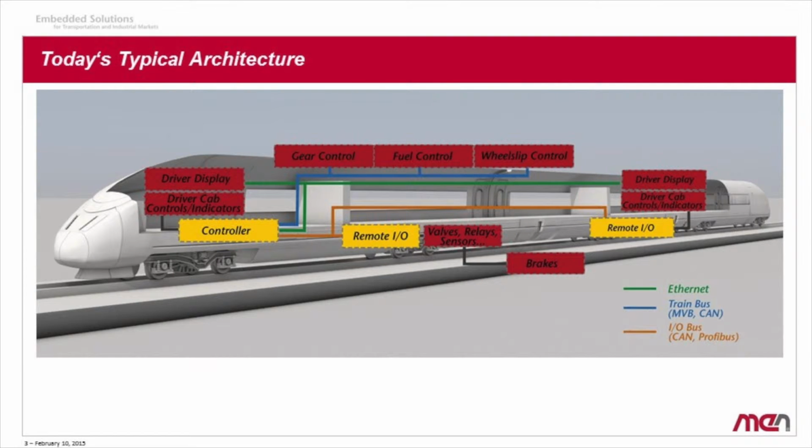This I/O is also controlling the cabin functionalities for the driver, with some lamps and control signals directly controlled by that I/O. You typically also have driver displays which are connected via Ethernet to the main controller. You also have control of the gear, fuel systems and so on. Those interfaces are mainly connected via MVB or CAN bus.